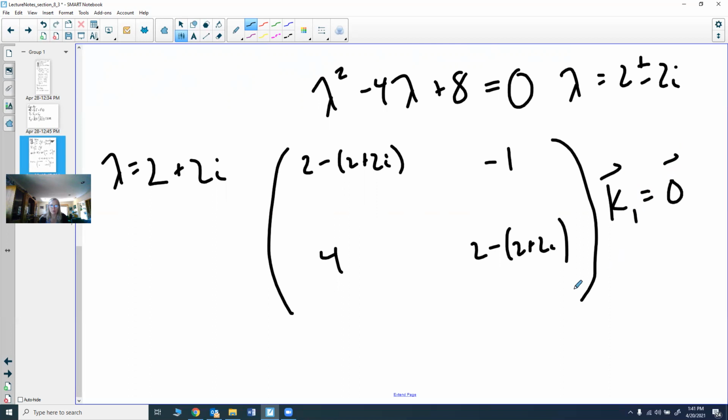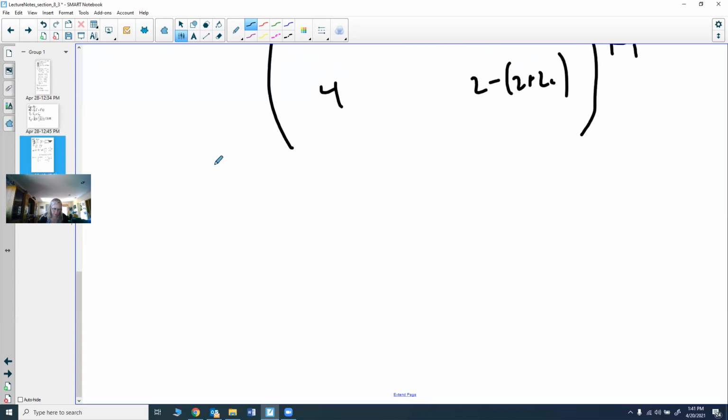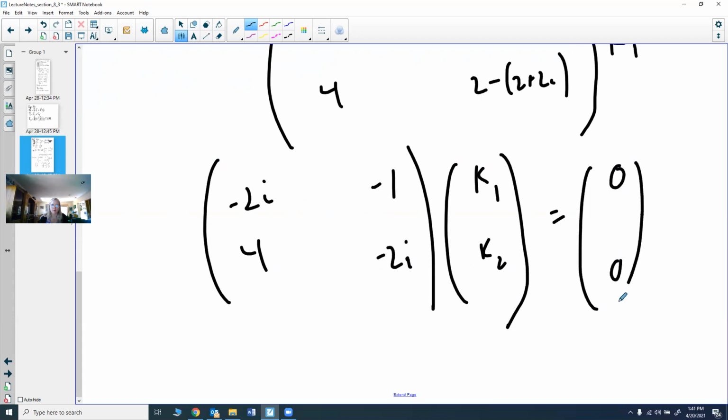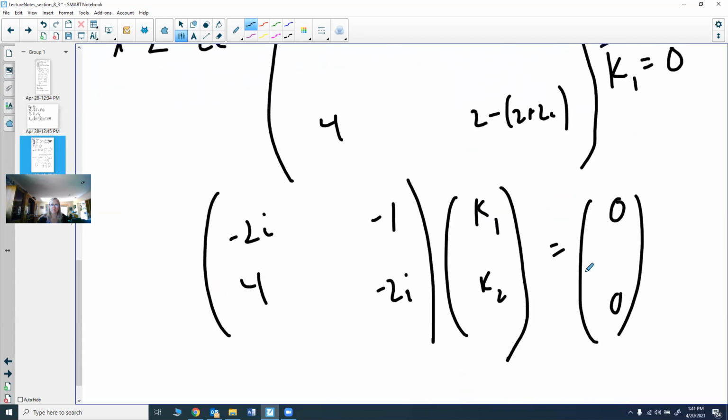Again, we'll call this one k1 because it could be another one. So we're going to let k1 be the matrix. So this is negative 2i, negative 1, 4, and then negative 2i, times K1, K2, and that's going to equal 0, 0, that zero matrix.